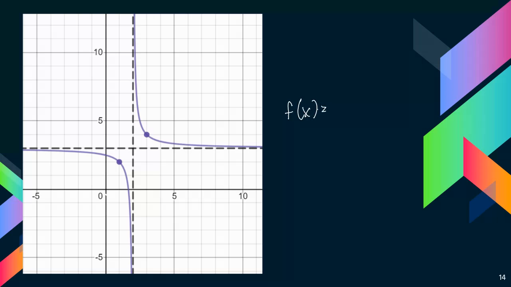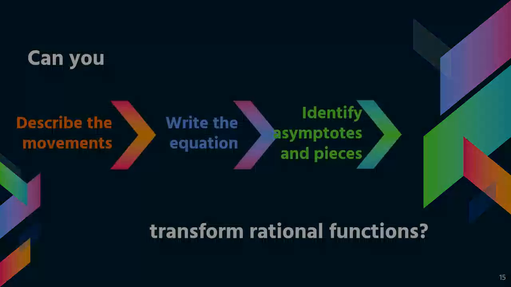My asymptote has moved to the right 1, and my horizontal has moved up 1, 2, 3. Doesn't appear to be a stretch at all, so I'm going to write my function 1 over x minus 1, plus 3.